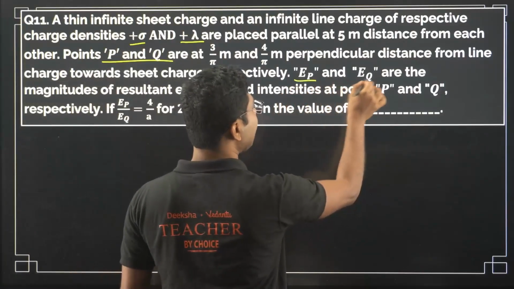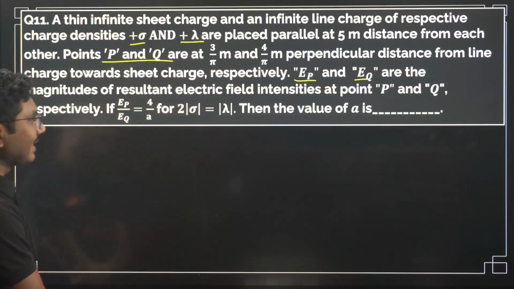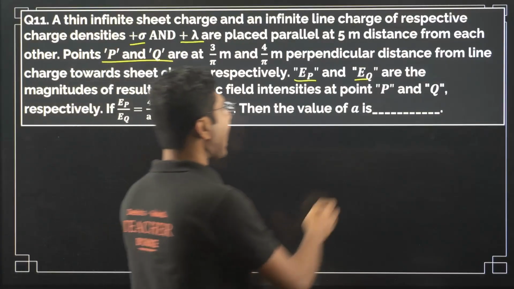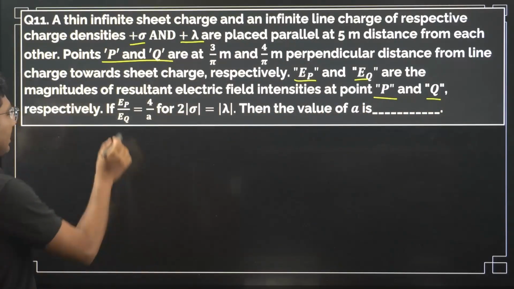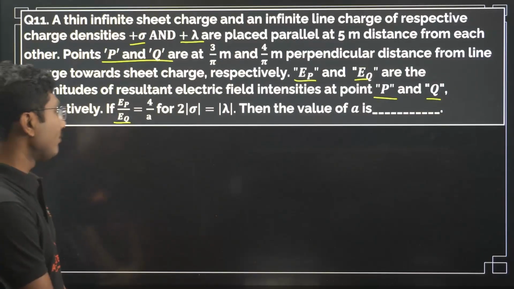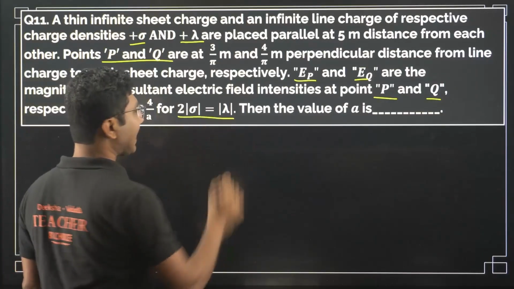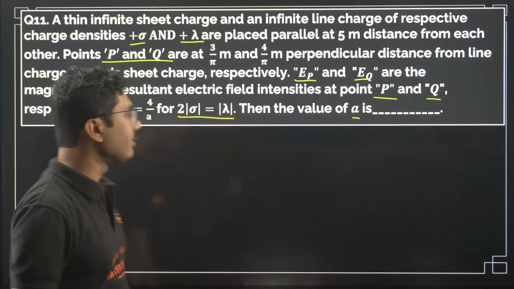EP and EQ are the magnitudes of resultant electric field intensities at points P and Q. If EP by EQ is 4 by A for 2 sigma by lambda, then find the value of A. So it is a typical JEE question.